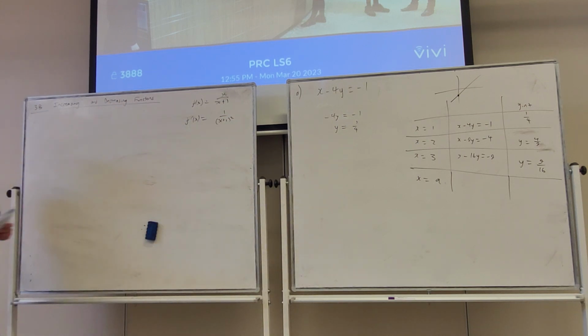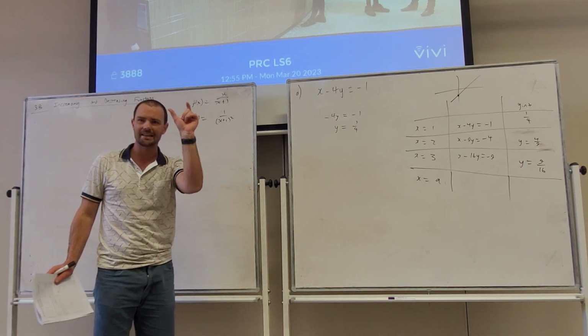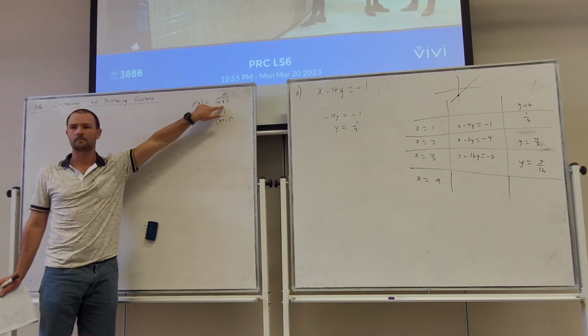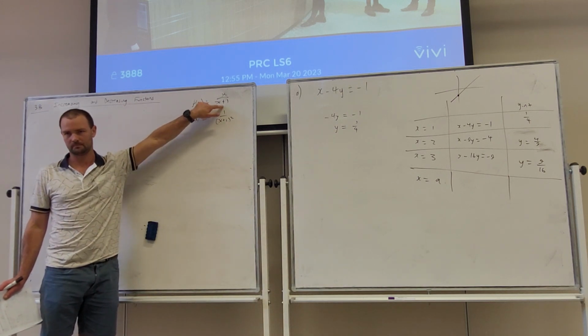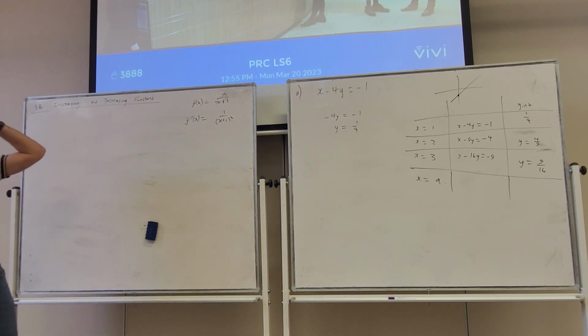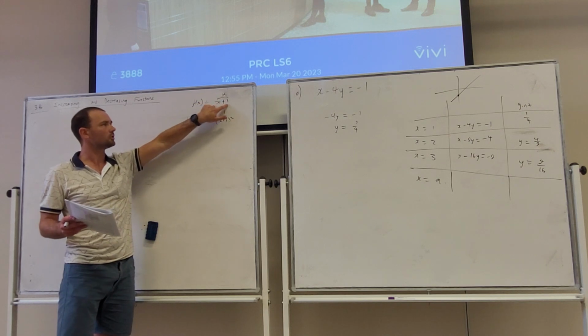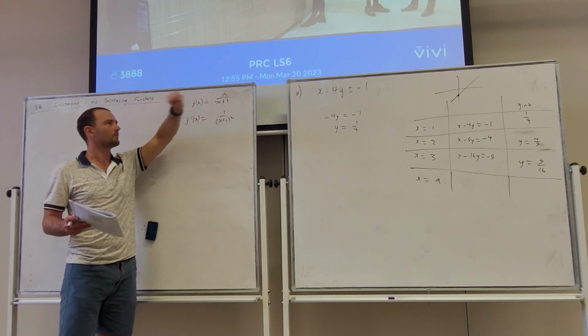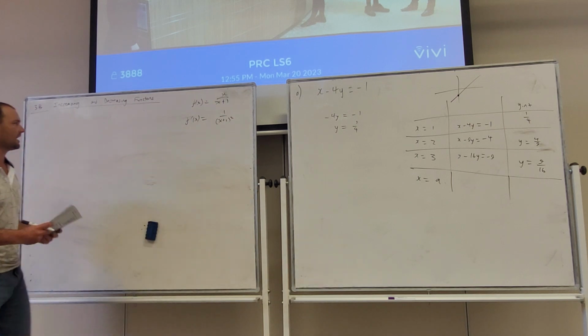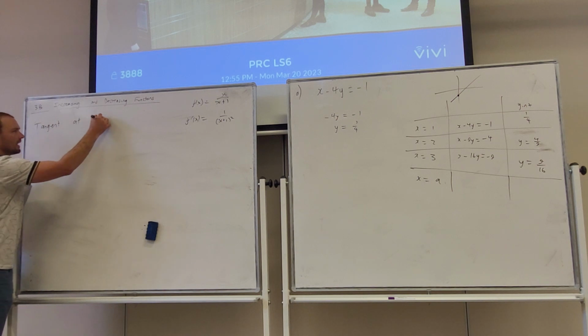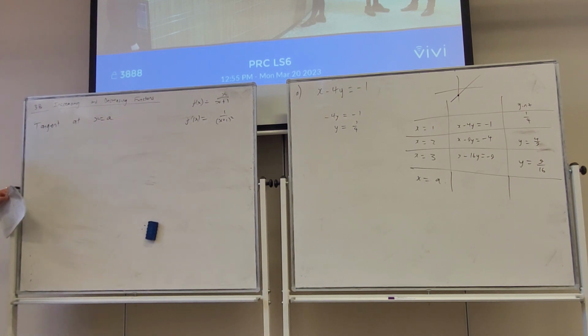I'm just putting it up there because that's what we got in our first part. What is the y-intercept of the tangent to this function at x is a? We want to know the equation of that tangent and get the y-intercept from it.